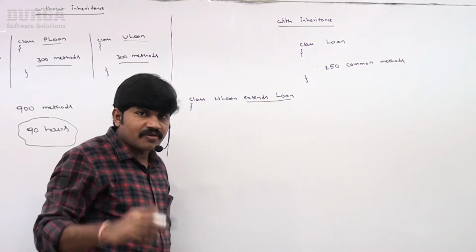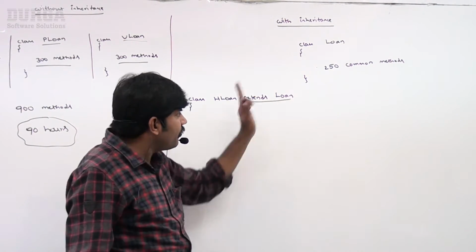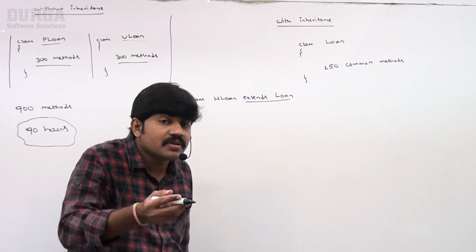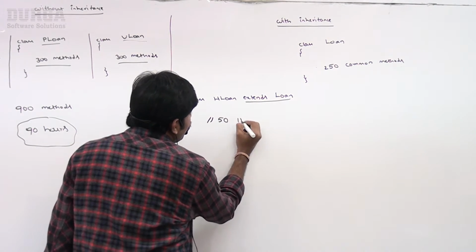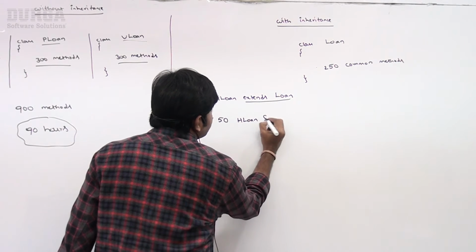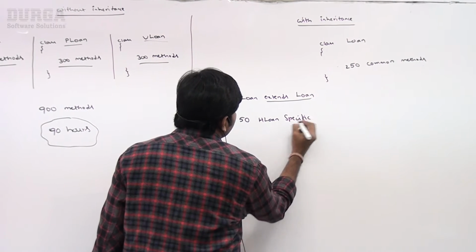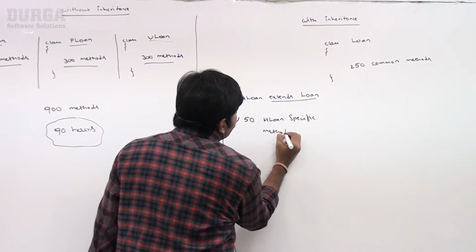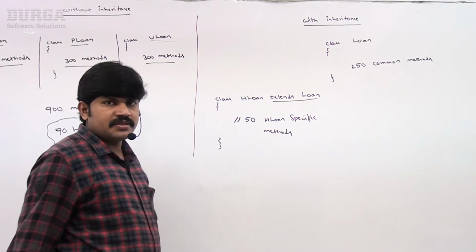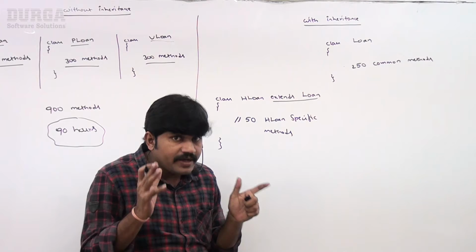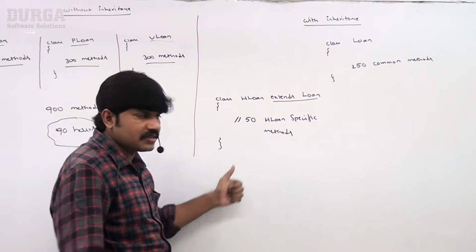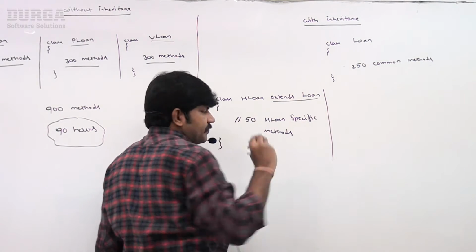We are not required to rewrite. Now the remaining 50 home loan specific methods you have to write. Write the common methods in the parent and the child specific methods only in the child class. Okay, housing loan completed.